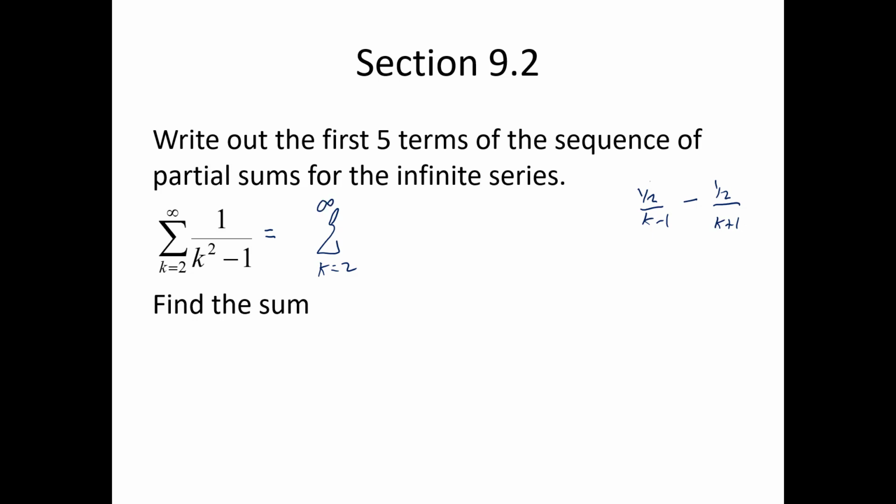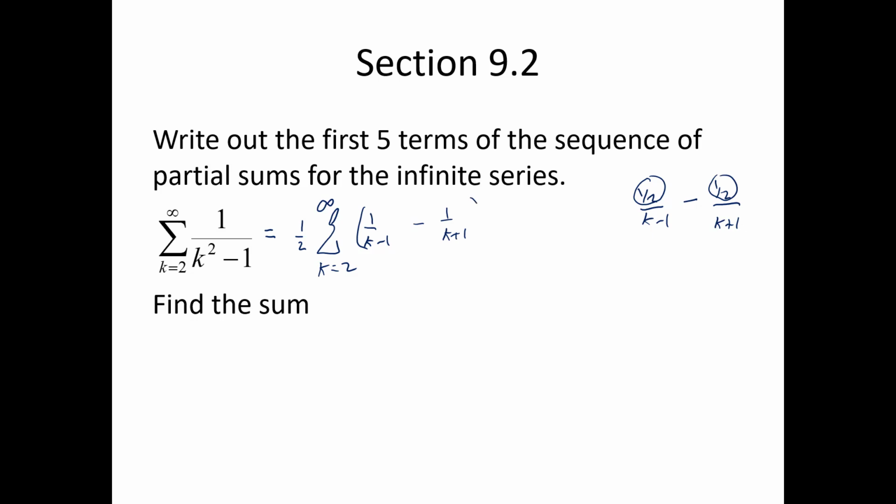Now notice that we have this common 1/2, and because of our limit laws we can take the 1/2 out because they both have a factor of 1/2. We have 1 over k minus 1 minus 1 over k plus 1.